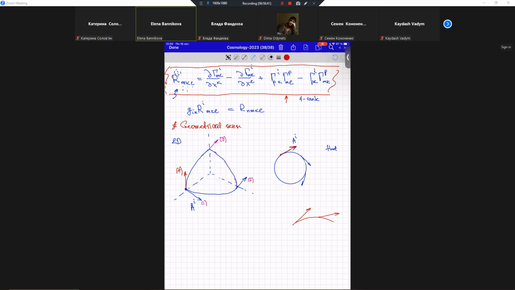Again, not to be confused: Christoffel symbols can be 0, but to be sure that the space is curved, you need to check all components of the Riemann tensor.